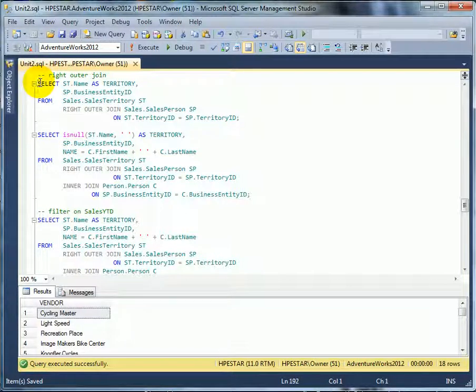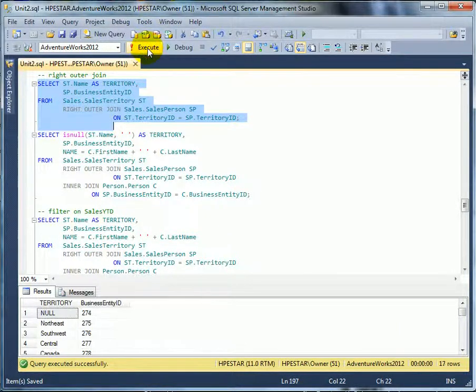This is the right outer join. So we are looking for all the rows in the salesperson table. We flipped it around from left outer join. We can also say left join and right join. And here it is.